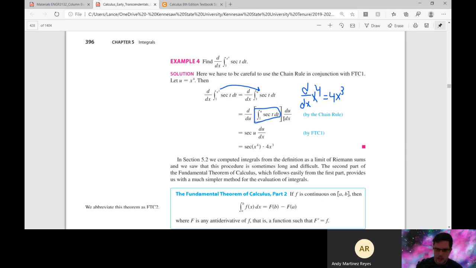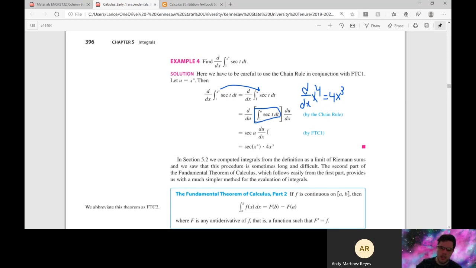So what I was saying is when you have to multiply, you have to take the integral of this, and you have to multiply by the derivative of the function, x to the fourth. So the derivative of this is just secant u, or you take the integral from 0 to u and you get secant tangent of u minus secant of 1.